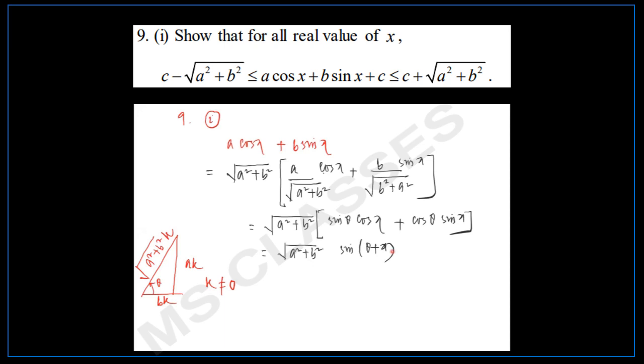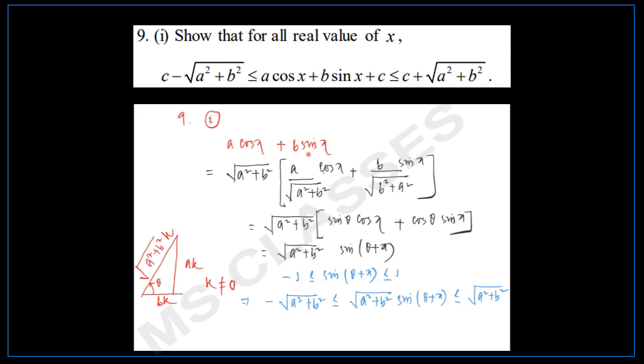Now sine of theta plus x is what? All of you know sine of theta plus x is less than equal to 1, greater than equal to minus 1. Multiply by root over of A square plus B square. Less than equal to root over of A square plus B square. Now what is this value?